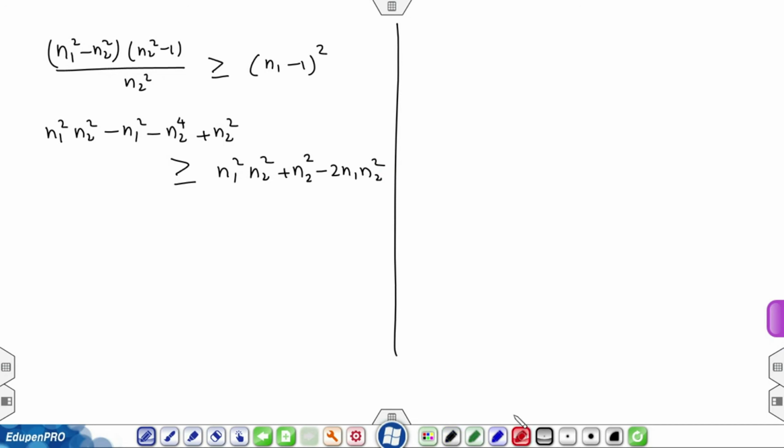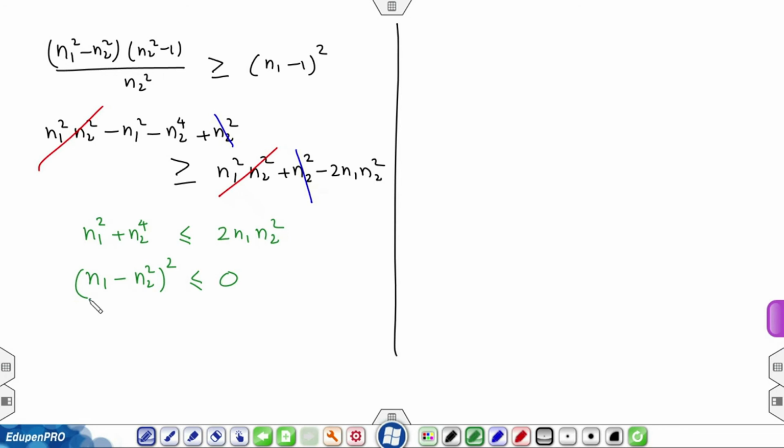Now, I am going to cut terms. This term cancels with this one, n2² also gets cancelled, and I get, by flipping the sign, that n1² + n2⁴ should be less than or equal to 2 n1 n2². This gives me (n1 − n2²)² should be less than or equal to 0.